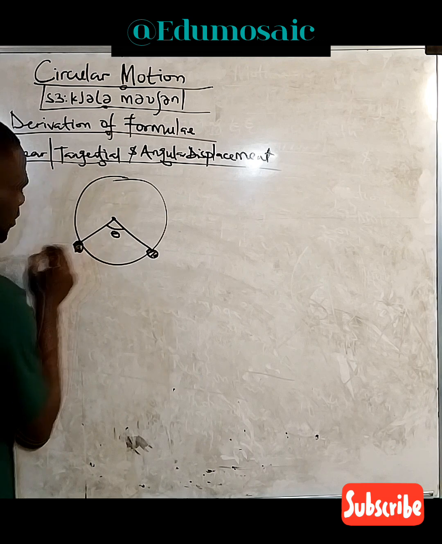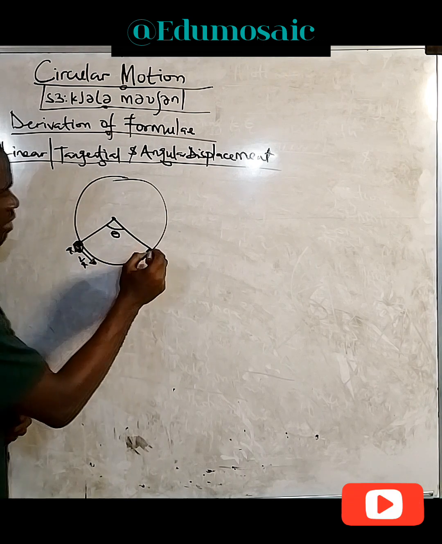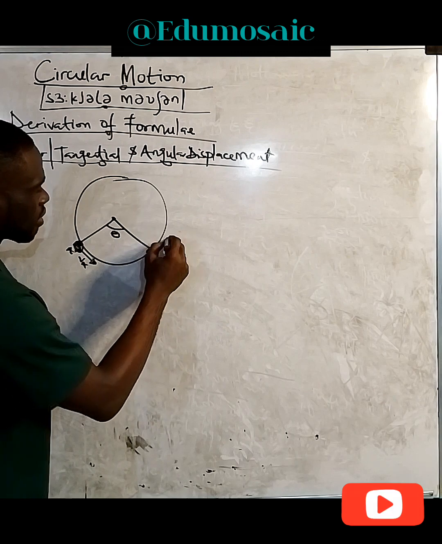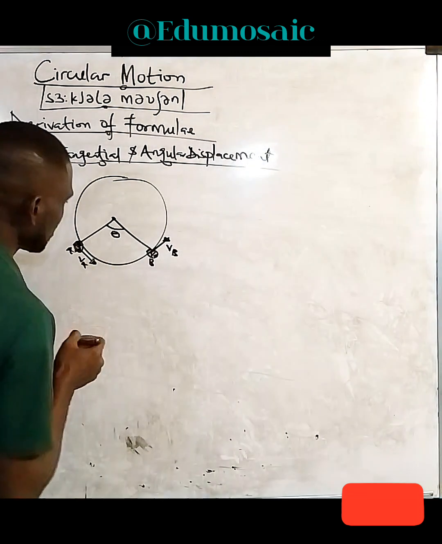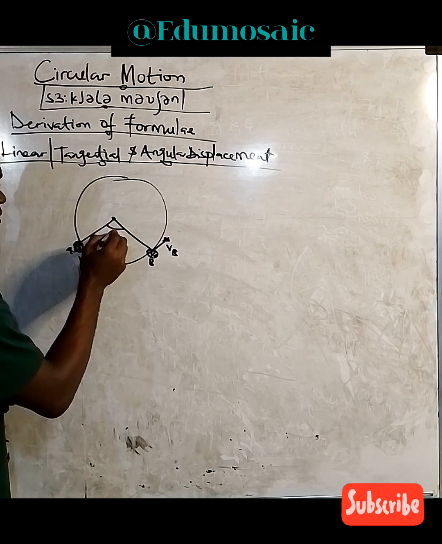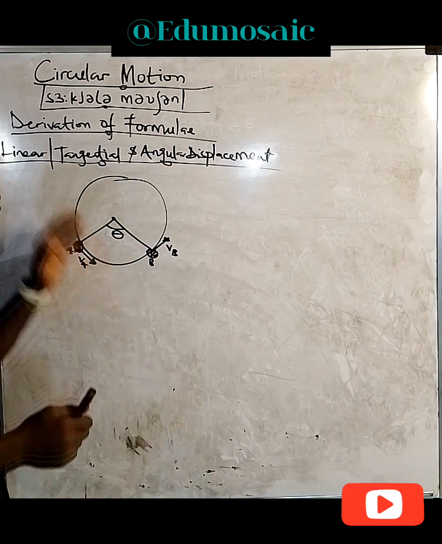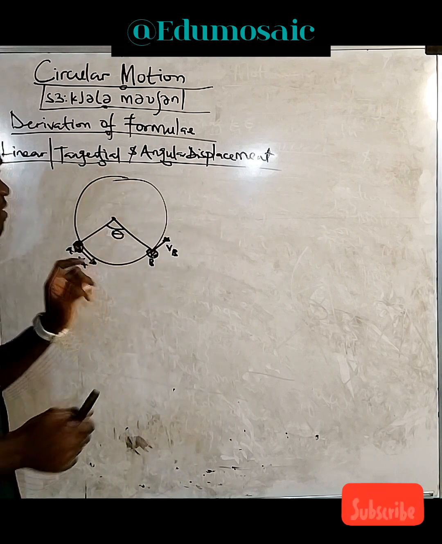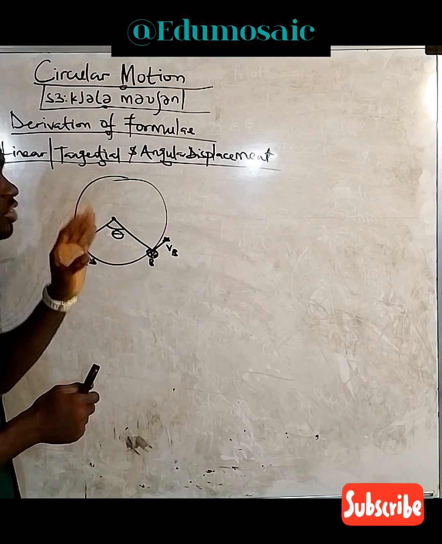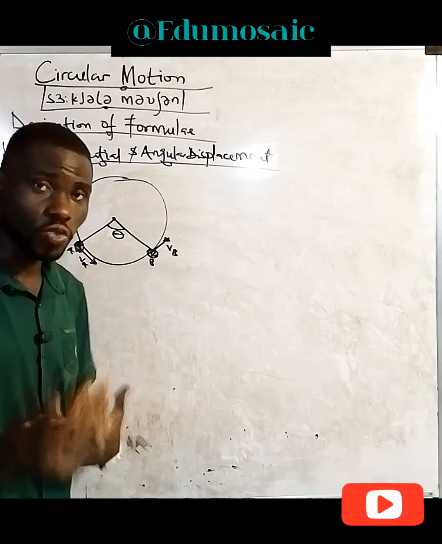At this point in time, you have a speed at point A, velocity of A. At point B, you have a speed, velocity of B. Now, we are discussing two things. The first is angular displacement, and the second is linear or tangential displacement. We are discussing these two major quantities.